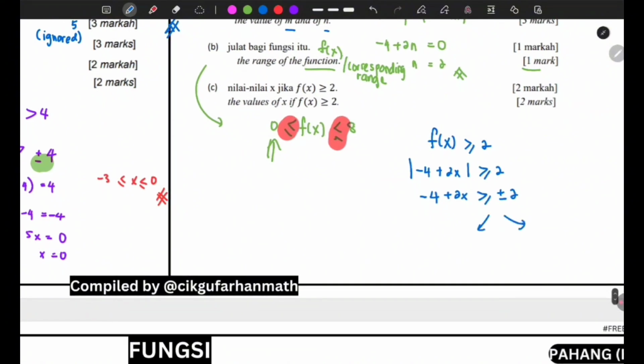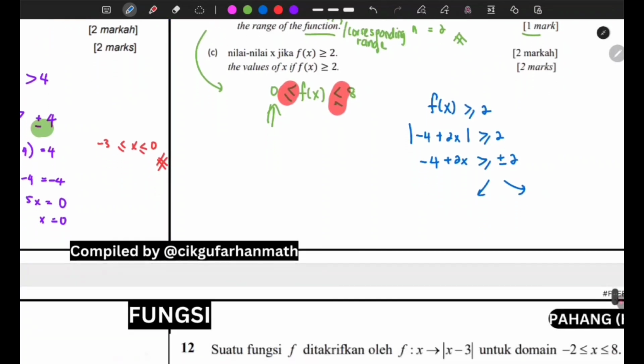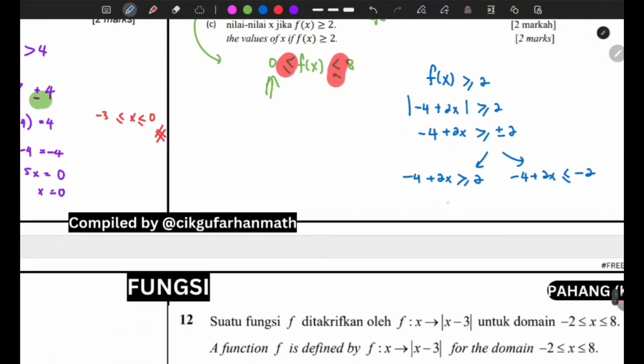When you have a plus minus, split into 2 parts. The positive one, the arrow follows, but for the negative one, you have to change the arrow. It's the linear inequalities which you already learned in your lower secondary. So -4 plus 2x, when it is a negative smaller number, the arrow changes to the opposite direction, and find the x value.